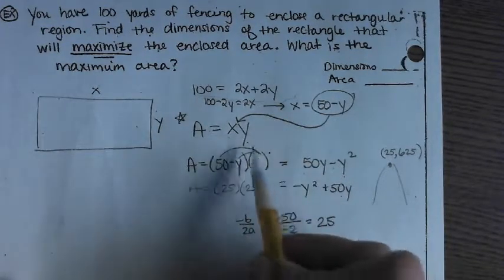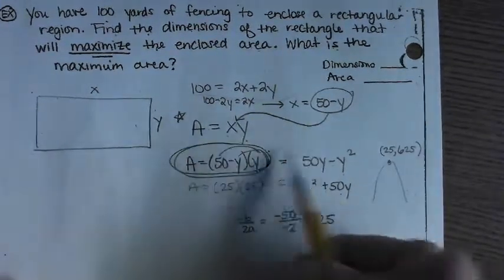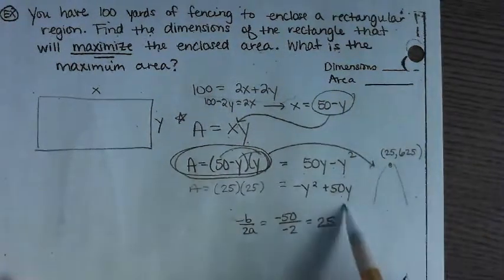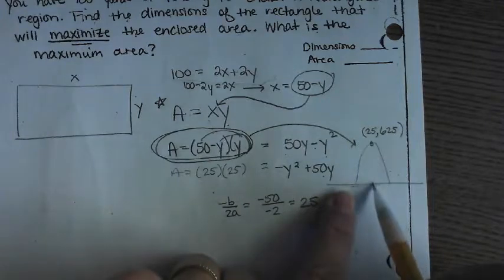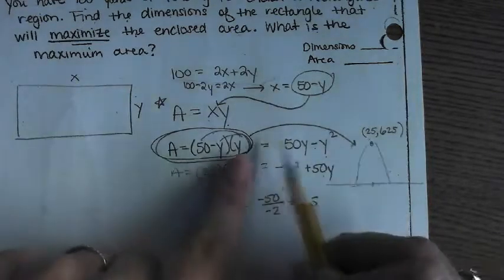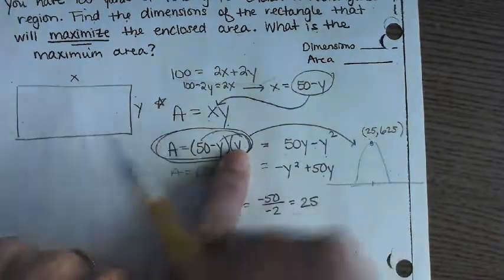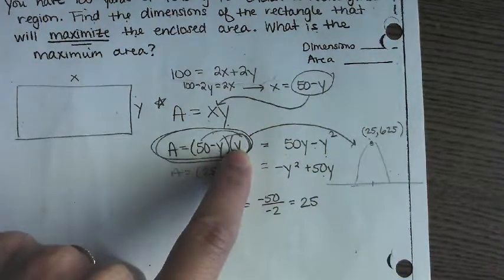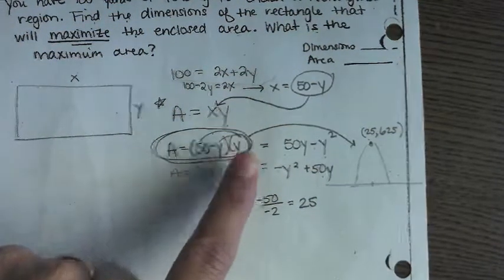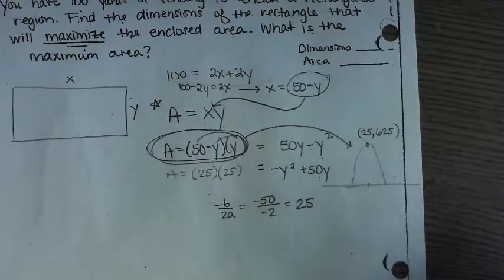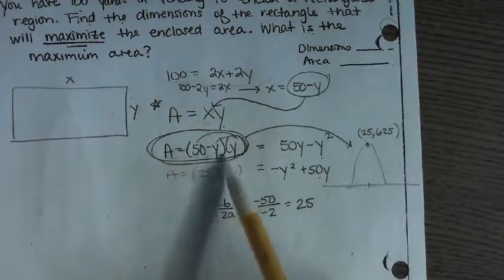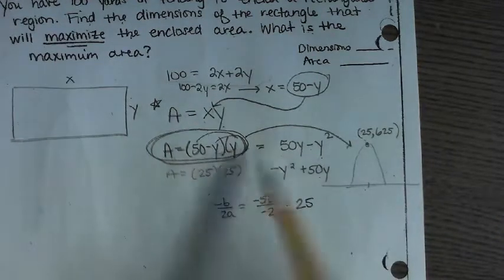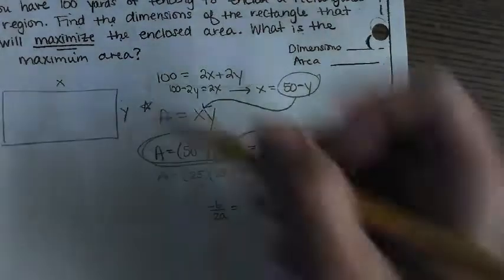So this is the parabola that we graphed. So this is where it gets a little confusing. The x coordinate of 25 that we got is the y dimension of our rectangle. Maybe I should have called my rectangle A and B instead of x and y, and it wouldn't have been so confusing. But because our input is our y's, that 25 is your y.